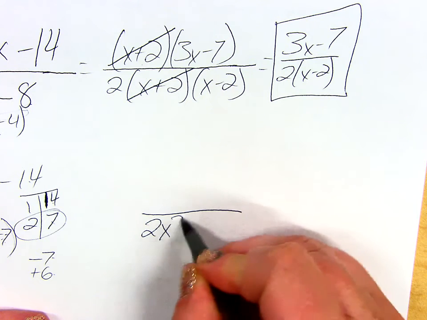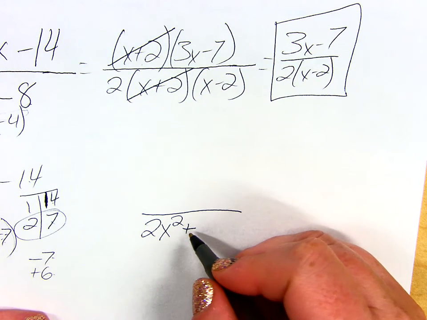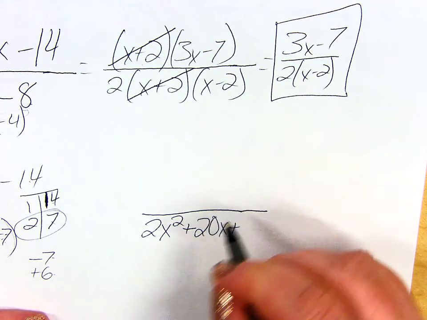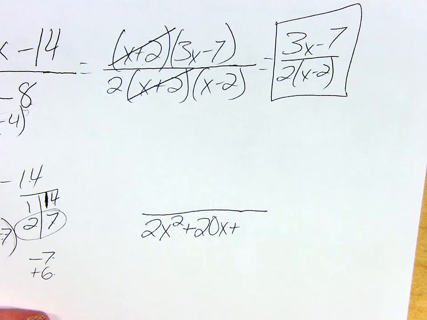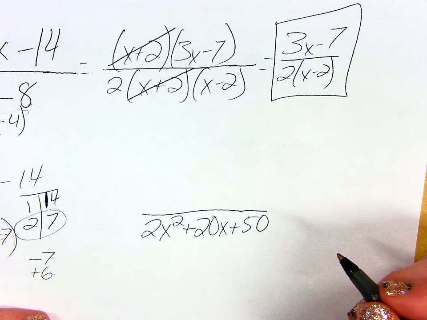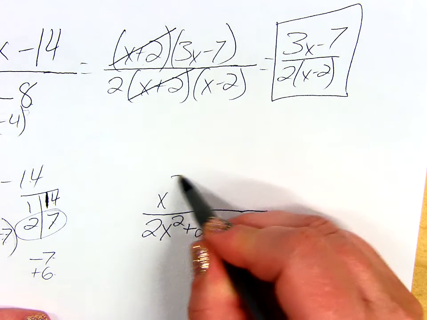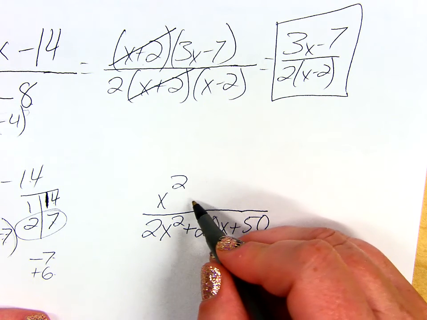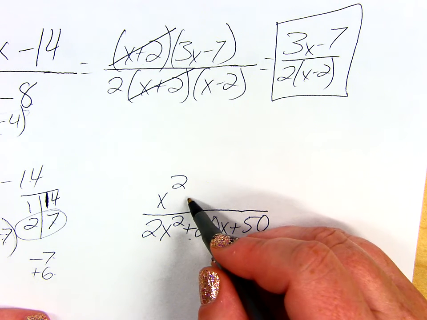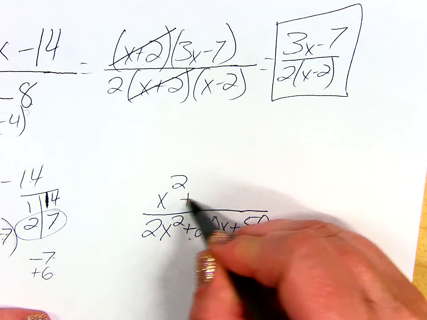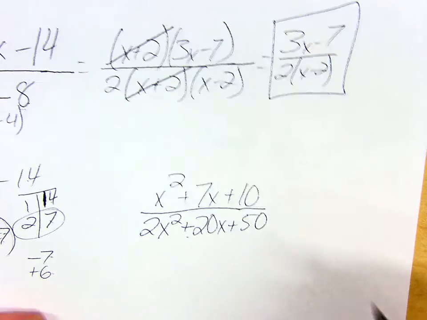How about 2x squared plus 20x plus 50, and let's put that over x squared plus 7x plus 10. All right, try that one.